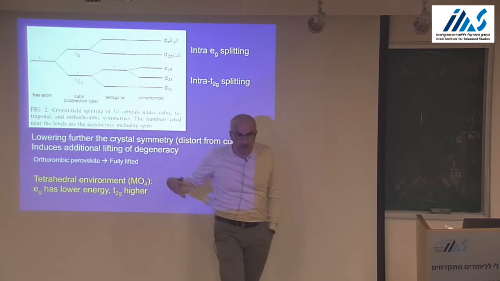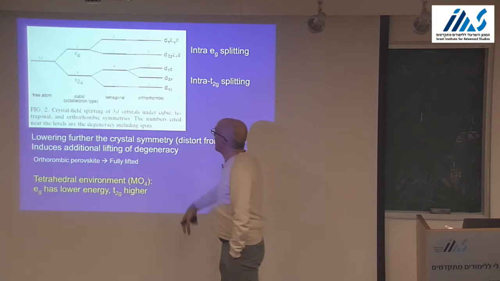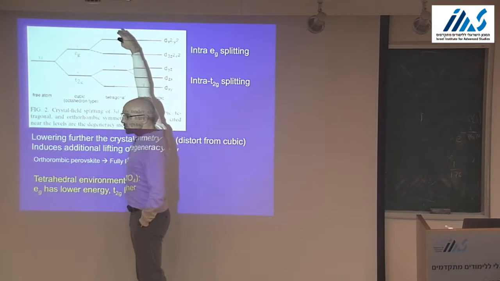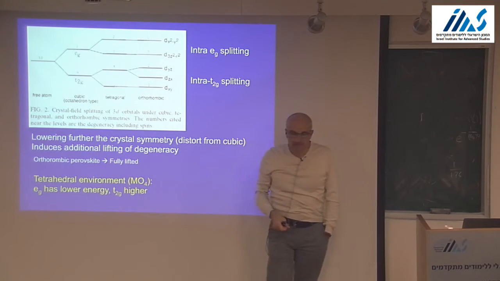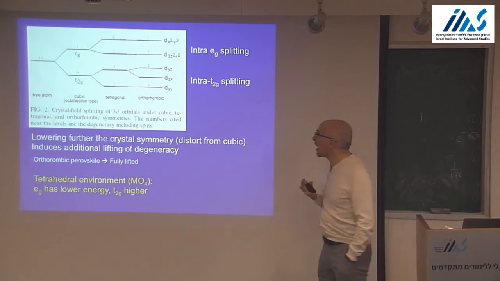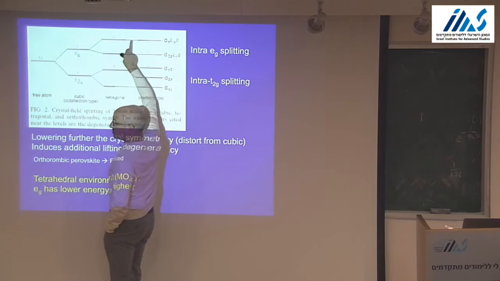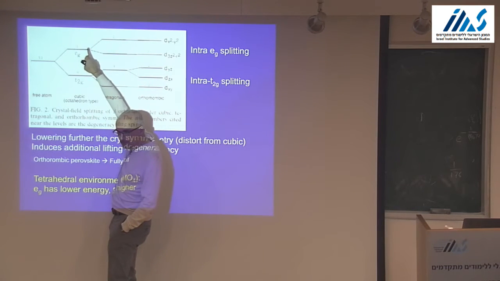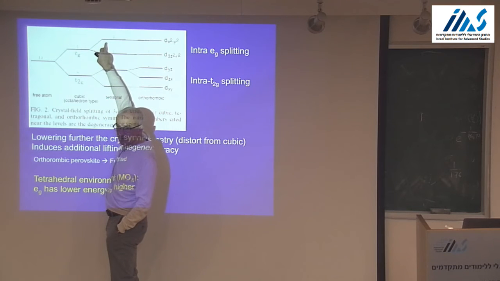They are filled, completely filled, and do nothing, while this guy stands at the top and is occupied by 1 electron. Hence, it's not a bad idea to think that perhaps you can get away with a single band, meaning a single orbital model, which is nominally half-filled for the parent compound.